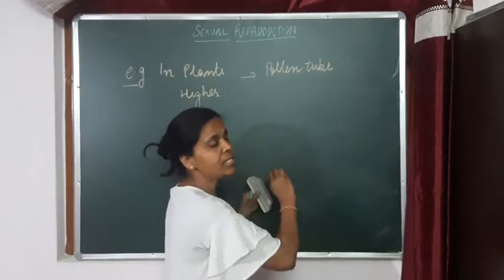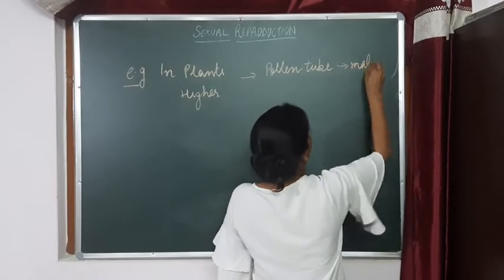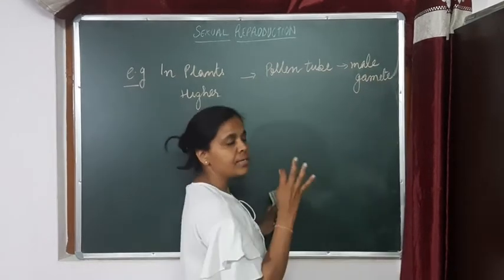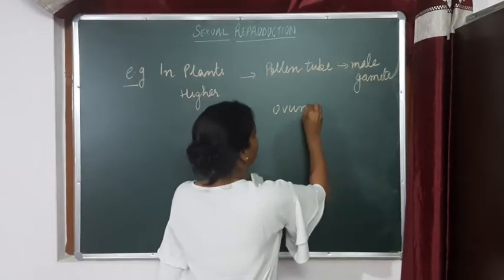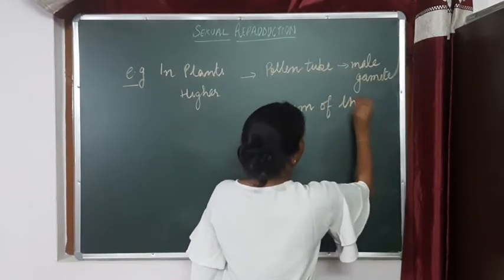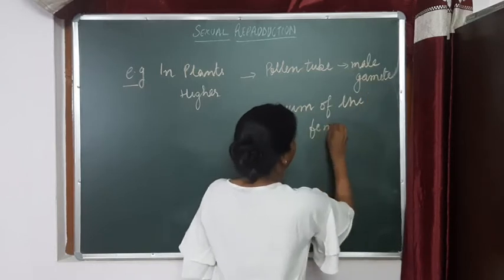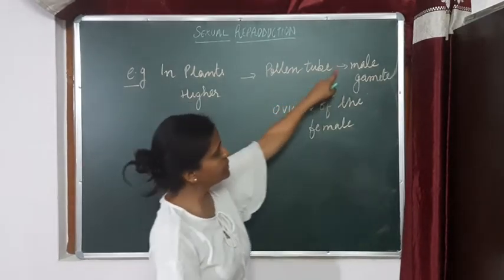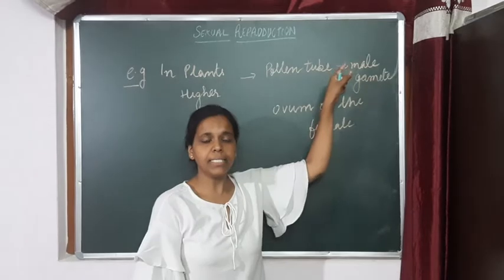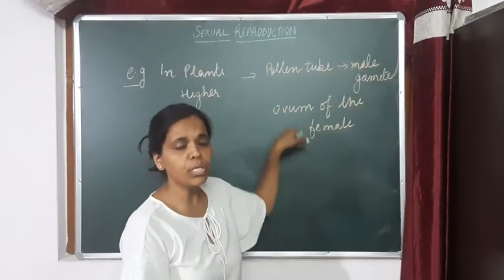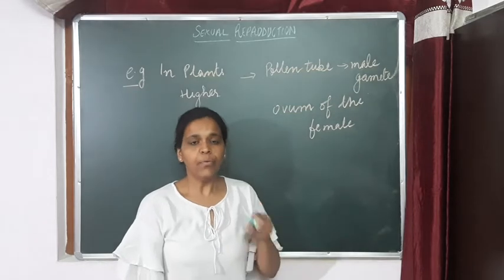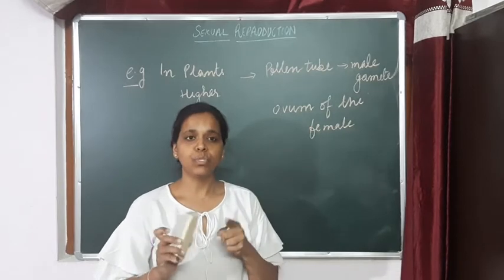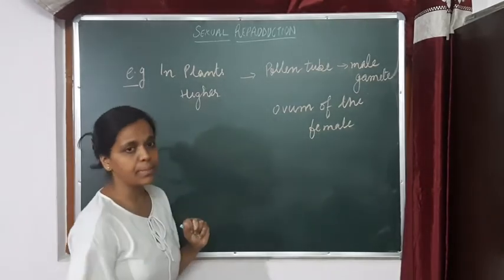This pollen tube is carrying the male gamete, and the male gamete is transferred to the ovum of the female in a flower. The pollen tube reaches the ovary where the ovum or the egg is present, and the male gamete is going to fuse there. So such kind of reproduction takes place in plants.